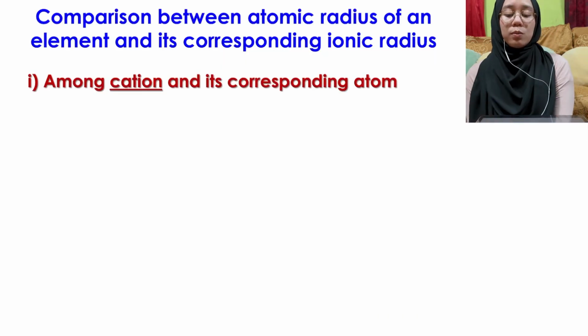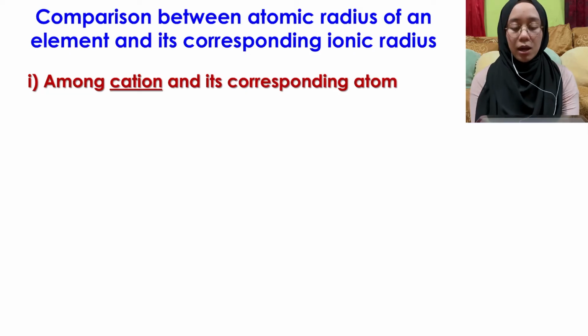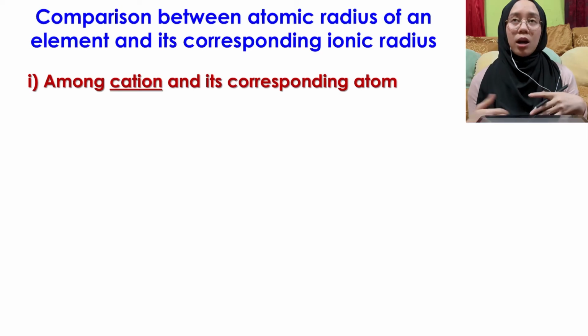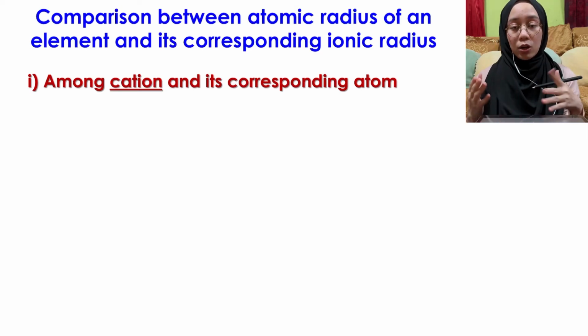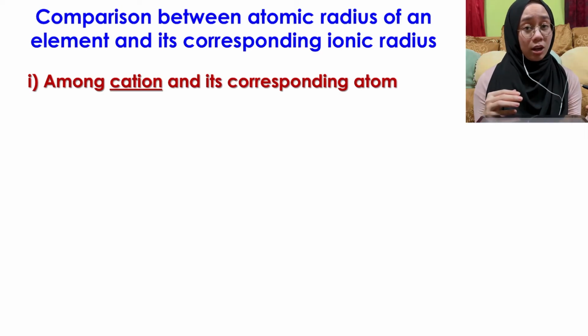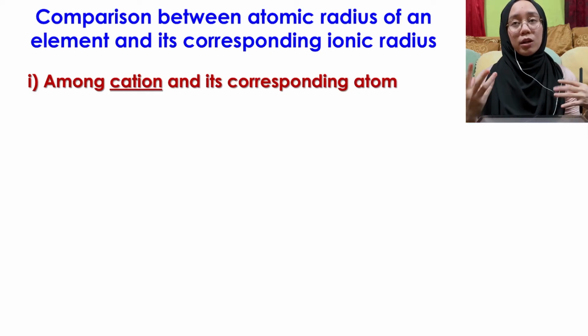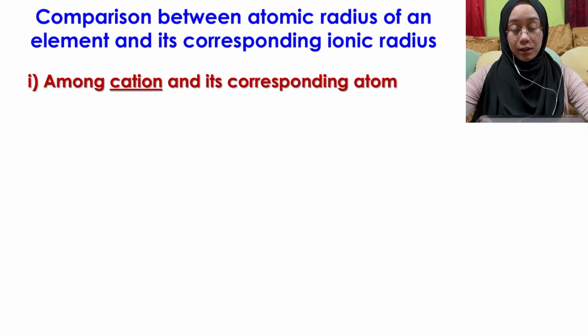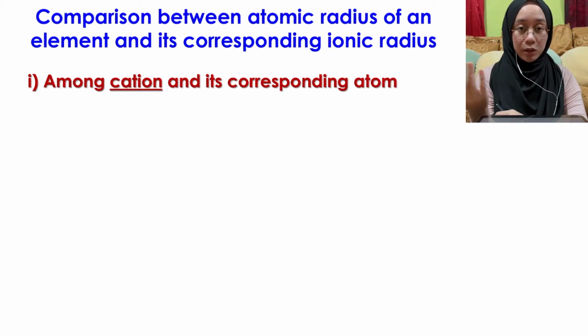Alright, so the next one pula adalah kita nak compare the size of atom to its ion. Okay, for example, sodium atom kita nak compare dengan sodium ion, ataupun oxygen atom kita nak compare dengan oxide ion. Okay, so by now you should know that cation, meaning dia release electron kan, cation yang positively charged particle.